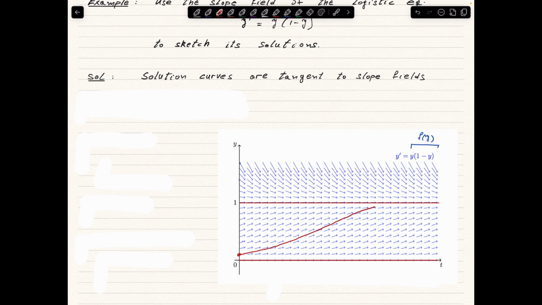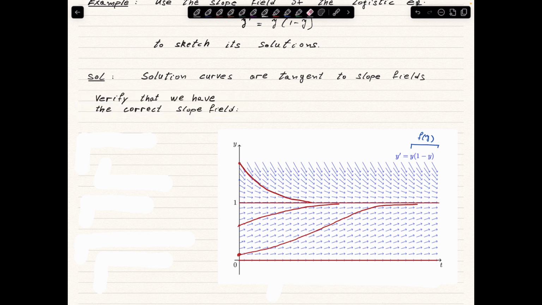Something like this. And over here, similarly, we cannot cross, so it has to be something like that. And here, this is going to be more difficult, but let's see if we can do it. It has to be something like this, something like this. It cannot cross the other. So this is how the solution looks.